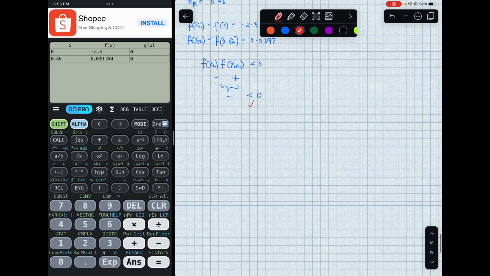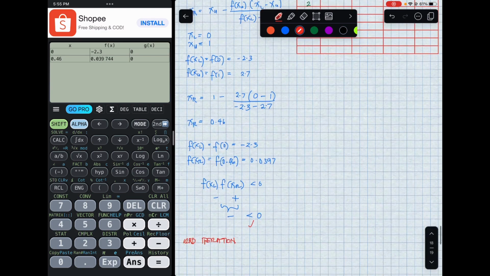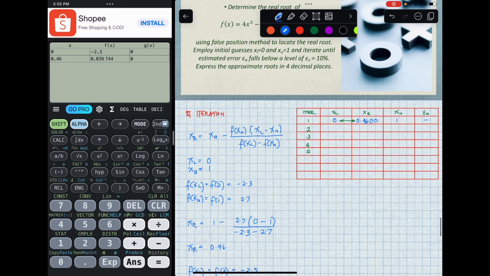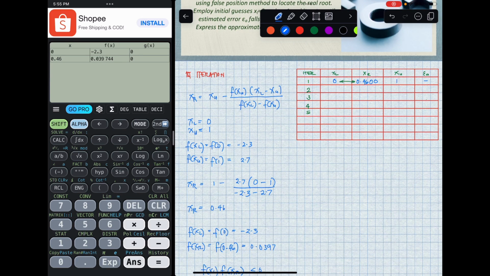So next, let's proceed with the second iteration. Since we are accepting the lower portion, our x sub L is 0, and our upper value x sub u is 0.46. So we now compute the new value of x sub r.